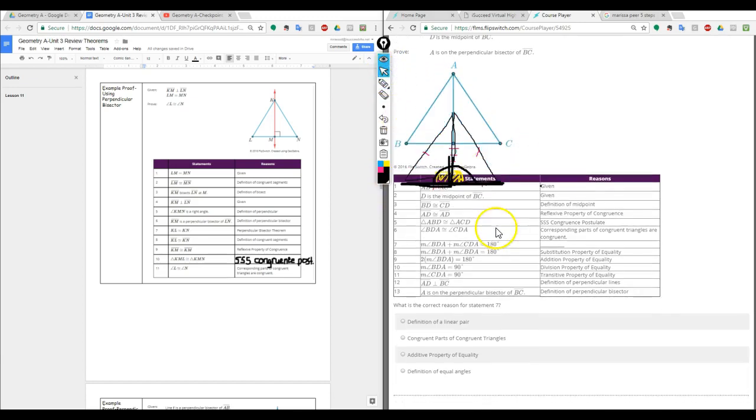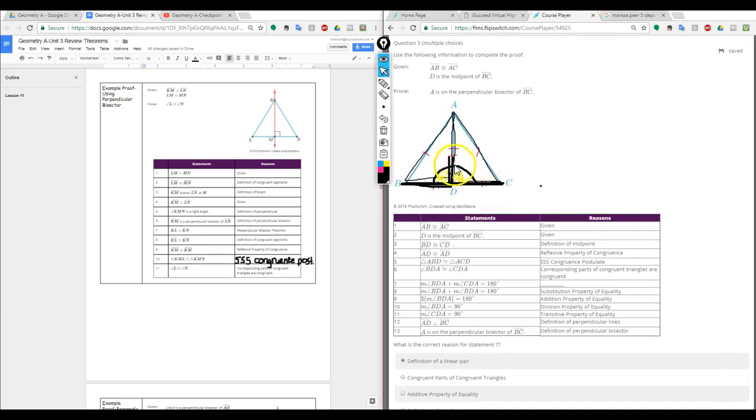So that is a good indicator that it is the definition of a linear pair, because they make a straight line, and a straight line has 180 degrees. Then it follows through with the rest of the proof. So the reason why we can say BDA and CDA add up to 180 degrees is because they form a straight line.